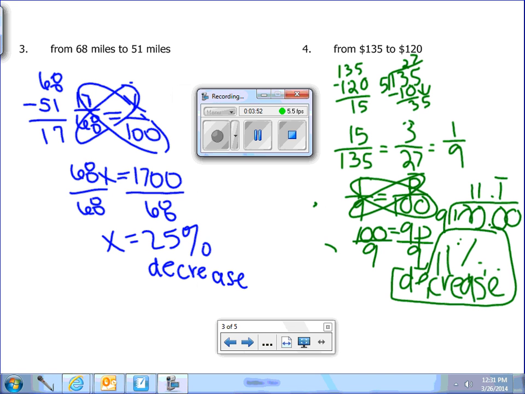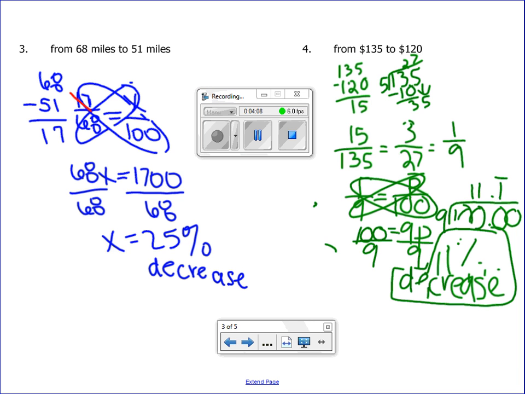Okay, you'll notice again on number 3 it was a decrease. So we subtracted the two numbers. 17 is our numerator, 68 is our denominator, and she used cross products. But one thing you might want to double check is whether you can simplify, because this would have simplified to 1/4. But if you don't see it, you still get the correct answer.